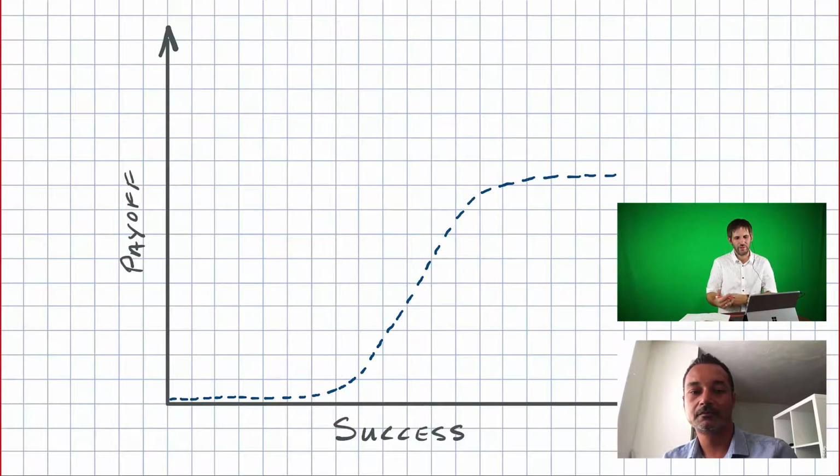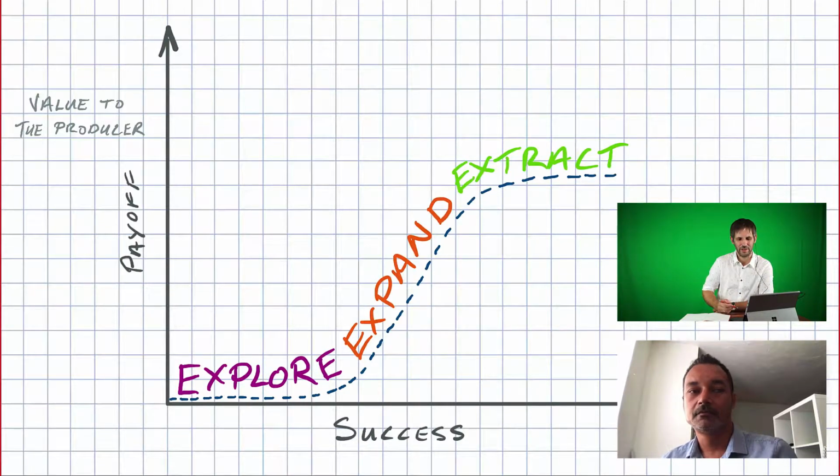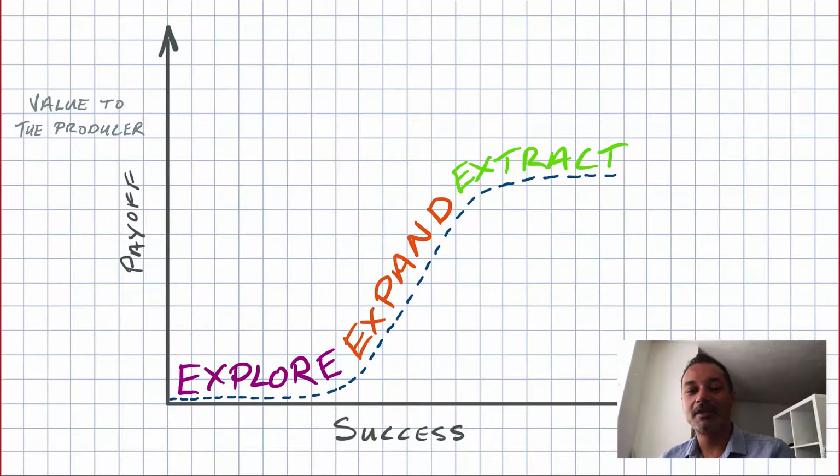So payoff over success, not necessarily over time, although success might be related to time. It might be related to time, indeed. That's the thing he came to realize: the x-axis is success and the y-axis is payoff. So this is a distribution rather than a timeline.